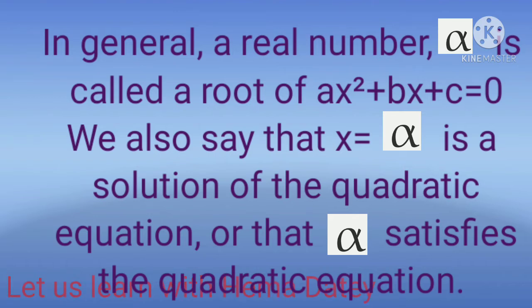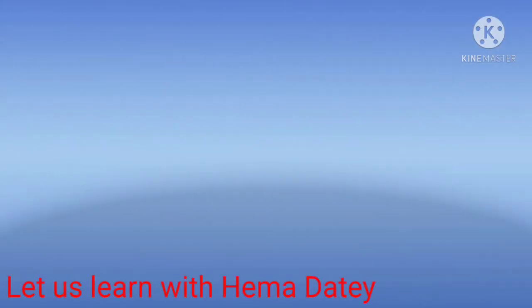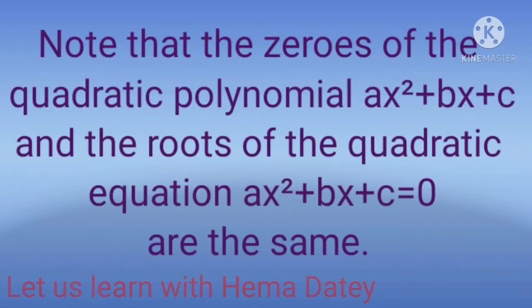We also say that x is equal to alpha is a solution of the quadratic equation, or that alpha satisfies the quadratic equation. Please note that the zeros of the quadratic polynomial ax square plus bx plus c and the roots of the quadratic equation ax square plus bx plus c is equal to 0 are the same.